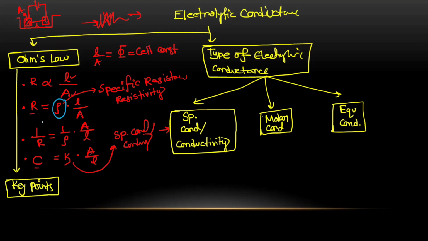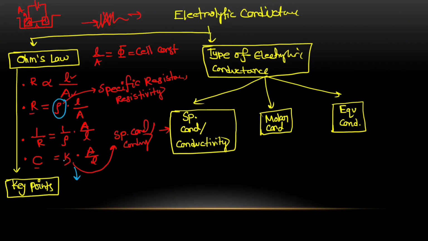So I think you can derive the unit of rho. For kappa, it will be 1 by R, that is conductance.